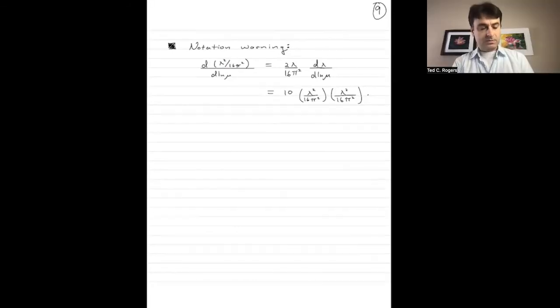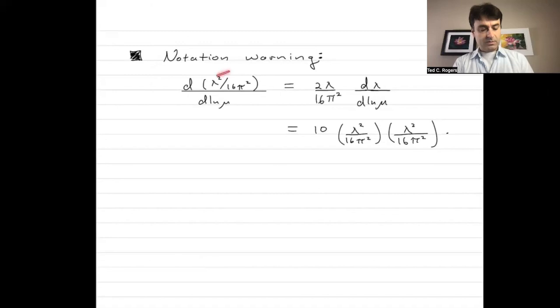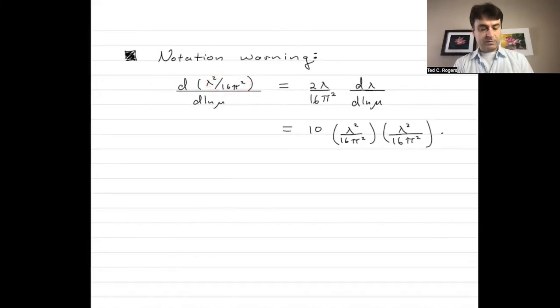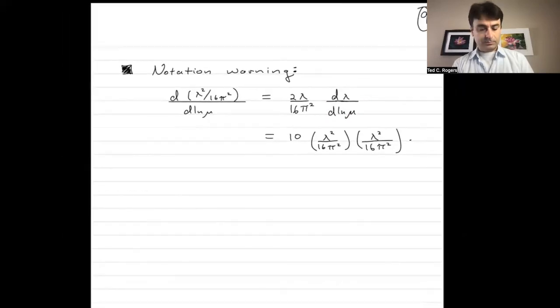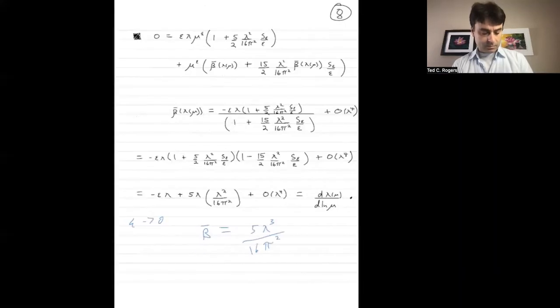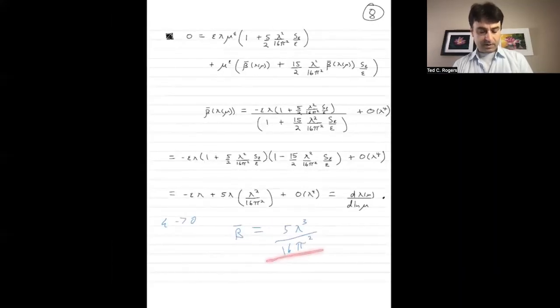Just notice that if I differentiate lambda squared over 16 pi squared, okay, then by the chain rule, I get this expression, and this is now the beta bar that we just had. Okay. And beta bar was this expression, 5 lambda cubed over 16 pi squared.